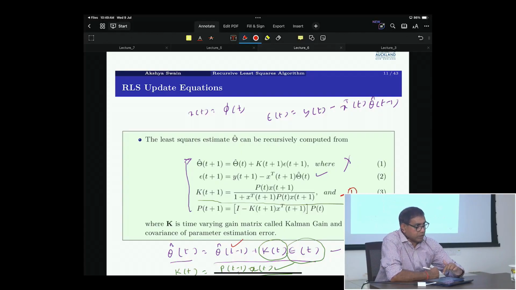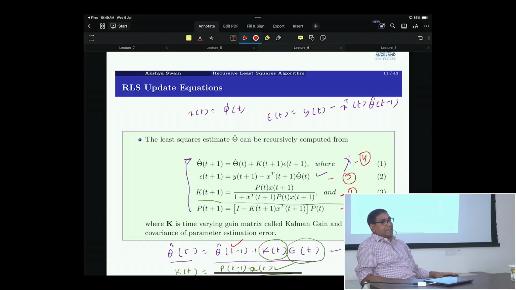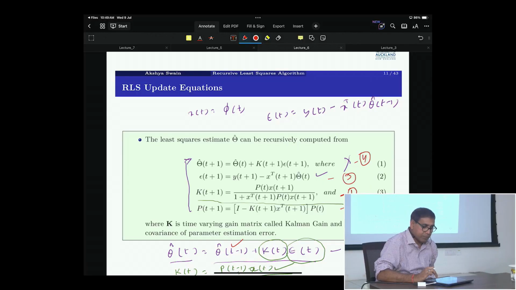I will give you the annotated copy of this lecture note. Then after this one, you do the second one, then the third one, this is fourth. Second and third you can interchange, it is not a big issue, but usually it's the case. First you compute the Kalman gain, this kt is the Kalman gain, and then second, then third, then fourth.